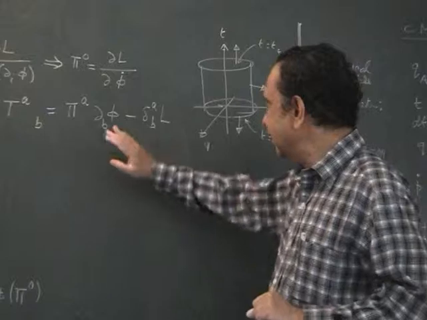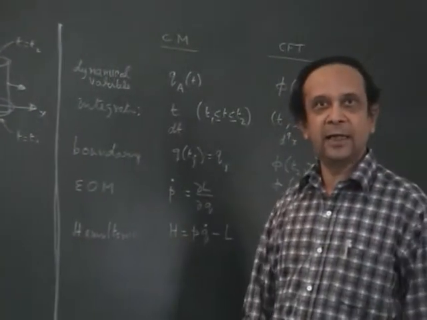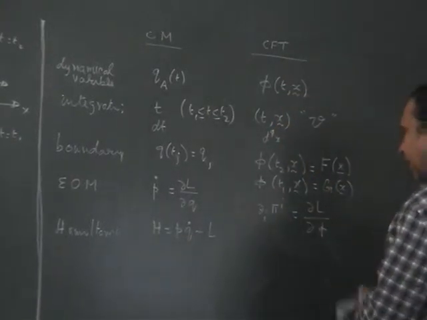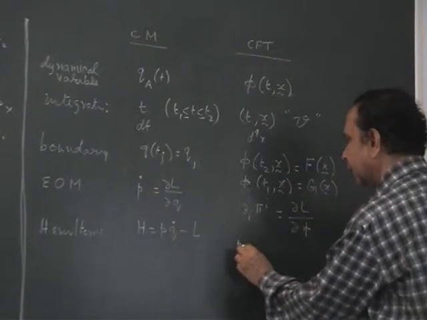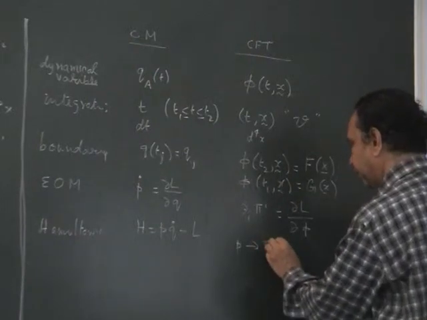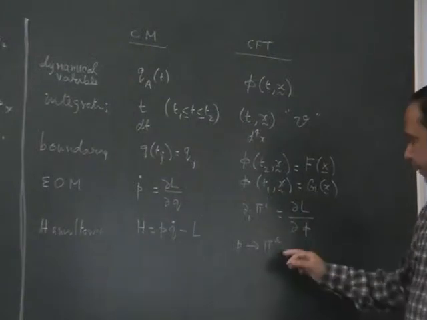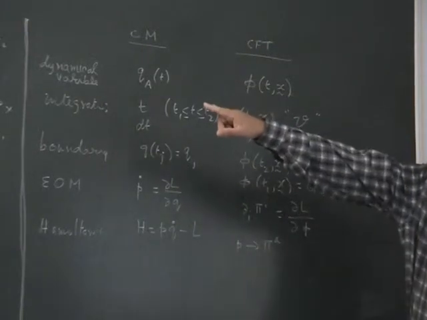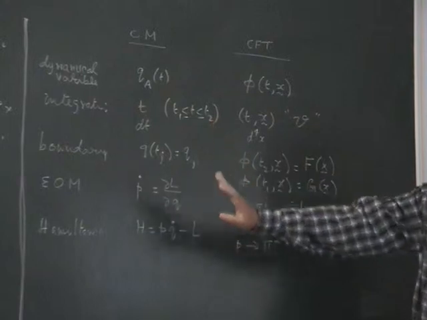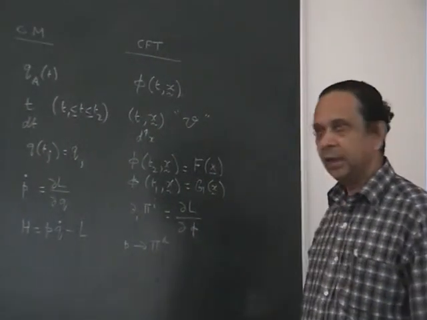Okay. So let us get the motivation right. First, there is this PQ dot minus L which I want to generalize. So if you want to generalize that, the P goes to, let us say, pi A. Okay, that is what we saw. Right? The pi 0 was just dL by d phi dot, which is just your P. So you need all the indices hanging around in order to maintain Lorentz invariance.